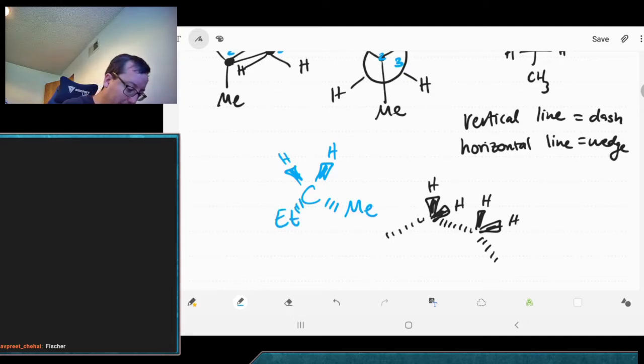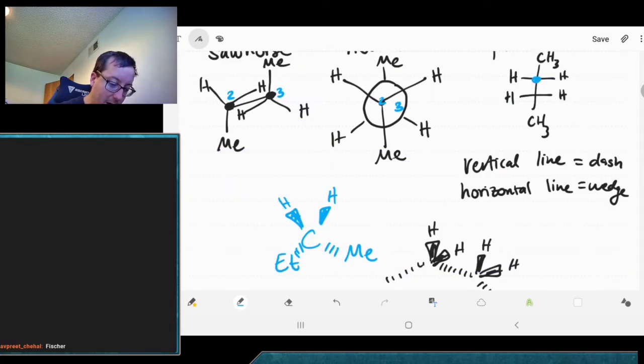Let me go back up. That carbon there has an ethyl group below it. Two carbons is an ethyl group. We have a methyl group above it, so those two are both going to be on dashes. And then the hydrogens are on wedges, because those are horizontal lines.